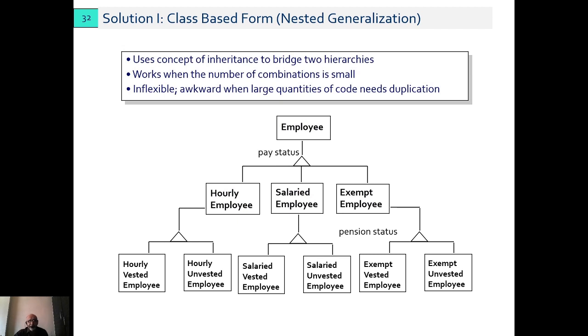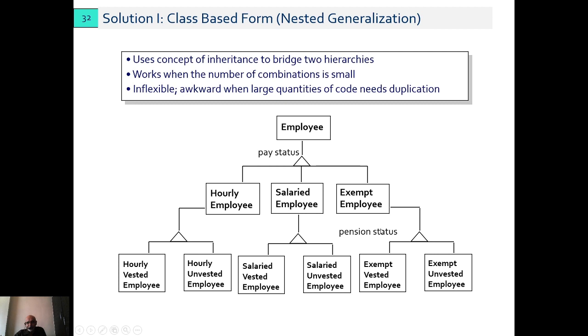Now here you can see that this kind of structure represents the employee. Employee could be hourly employee, or salaried or exempt employee. So hourly vested employee, hourly unvested, salary vested, and so on.